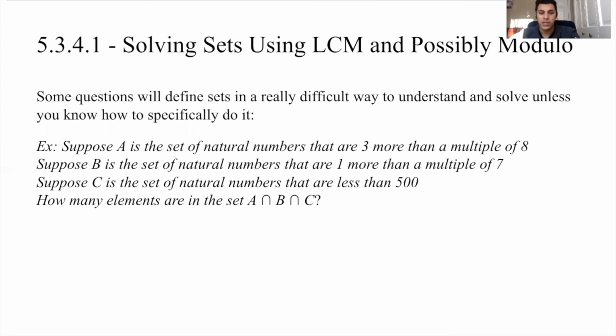And then finally, we talked about solving sets using the least common multiple and possibly modulos, and found that for this question, there were 9 numbers that are in the intersection set of A, B, and C. And the 2 steps to solving this question is to find the lowest possible number in the intersection set of the ones with the weird multiple rules, and then find the least common multiple of those numbers where you're finding multiples in those sets. And then finally use that to figure out all the numbers in those intersection sets below a certain number.